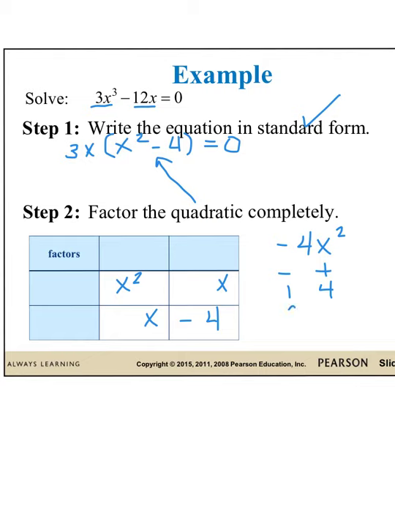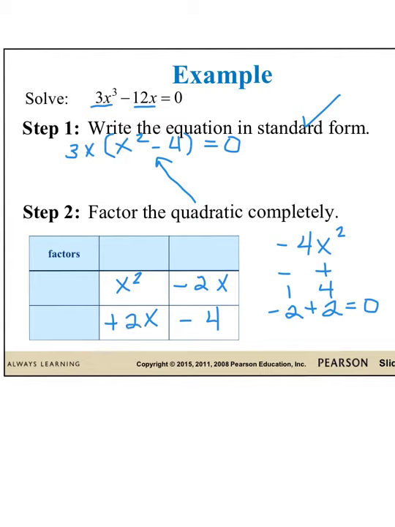And so the next factor we try is 2, and 4 is actually 2 times 2. And so if we have negative 2 and positive 2, that equals 0, and that will let our middle term disappear. And so this will be negative 2 and positive 2.